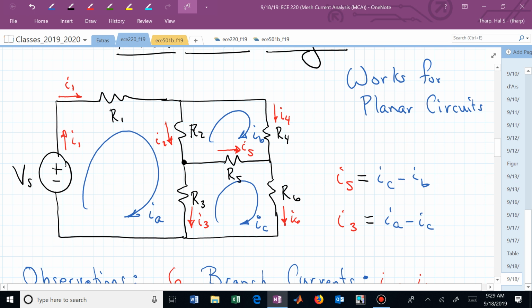Do I have any sources? Yes, in that mesh I have one source. If I increased that source voltage, would that serve to increase I sub A or make it smaller? If I cranked up V sub S, what would the mesh current do? Up or down? Would it increase or decrease?